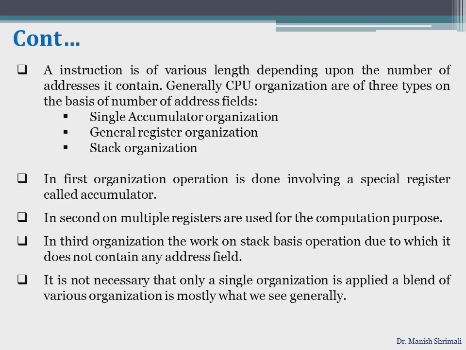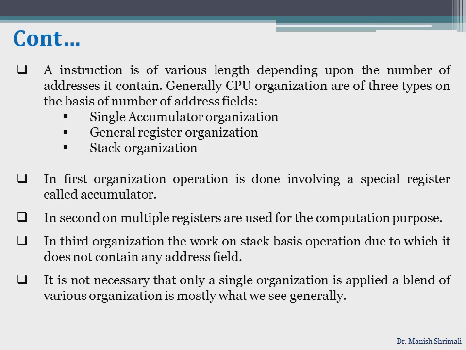In the single accumulator organization, the operation is done involving a special register called the accumulator, whereas in the general register organization, multiple registers are used for computation. In the stack organization, the work is done on a stack and it does not contain any address field.